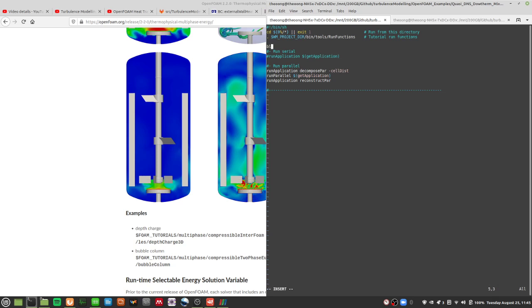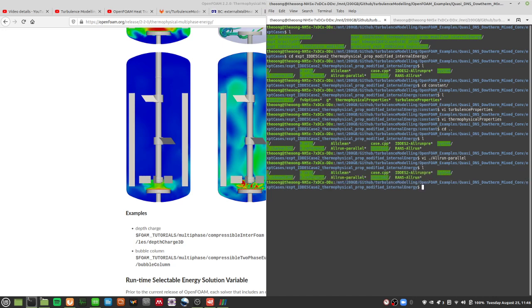So I'll just run runApplication blockMesh with the dictionary system/blockMeshDict.IDDES. Then I will just run in parallel. So let's do an Allrun-parallel and see what happens.